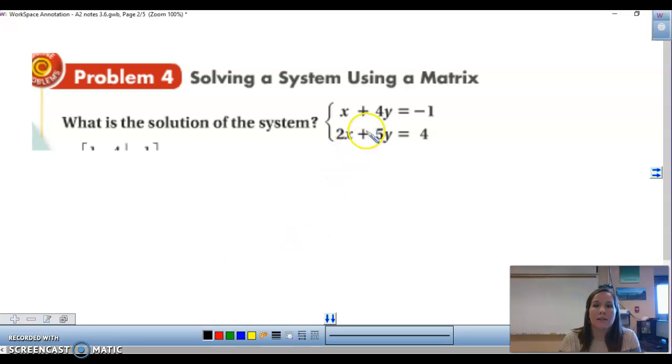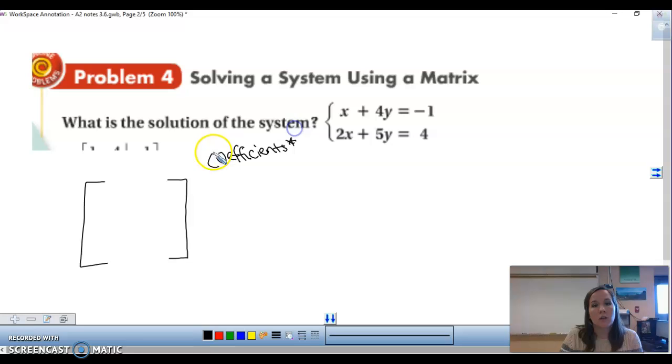Okay, so we have a system of equations, and this is just a two-equation system. We could solve by elimination or by substitution or graphing, but I'm going to show you how to put this information into a matrix. First of all, a matrix is just this bracket, square-looking thing that has numbers in it, and the numbers you are going to use are the coefficients to your equations.